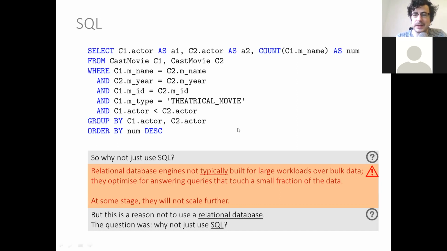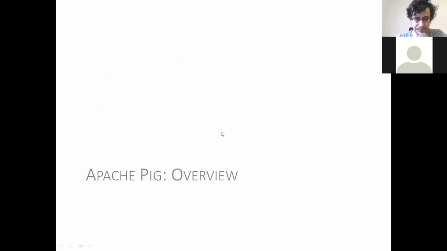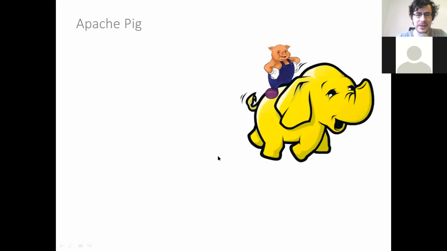So that is the fundamental idea behind two languages in particular that have been proposed. One of those is Apache Pig. So we'll talk about that first, and I'll give a brief mention to Apache Hive at the end, which has a very similar idea. So Apache Pig, the idea is to somehow use something that's more familiar to SQL.